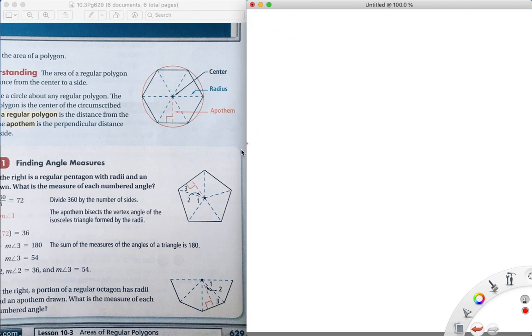So in order for us to find the central angle, angle 1, we're going to divide 360 degrees by 8 sides, which gives us our central angle, or angle 1. So 360 divided by 8, our central angle, or angle 1, is 45 degrees.